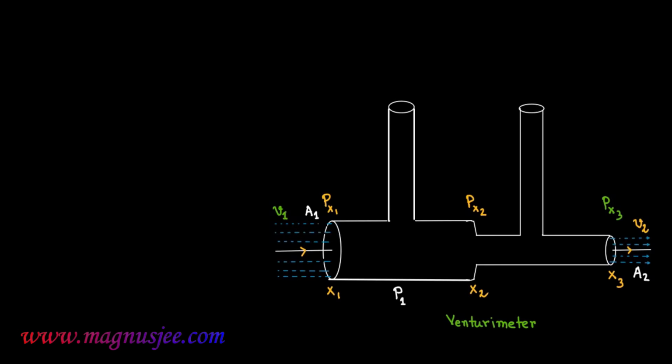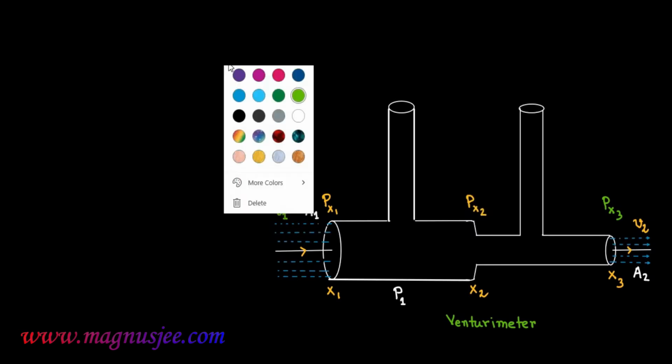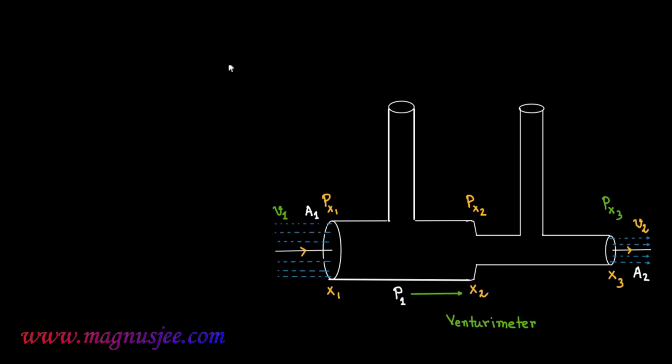P1 is the pressure difference acting towards right across the first horizontal pipe X1X2, such that P1 equals Px1 minus Px2, where Px1 is greater than Px2 is greater than Px3.